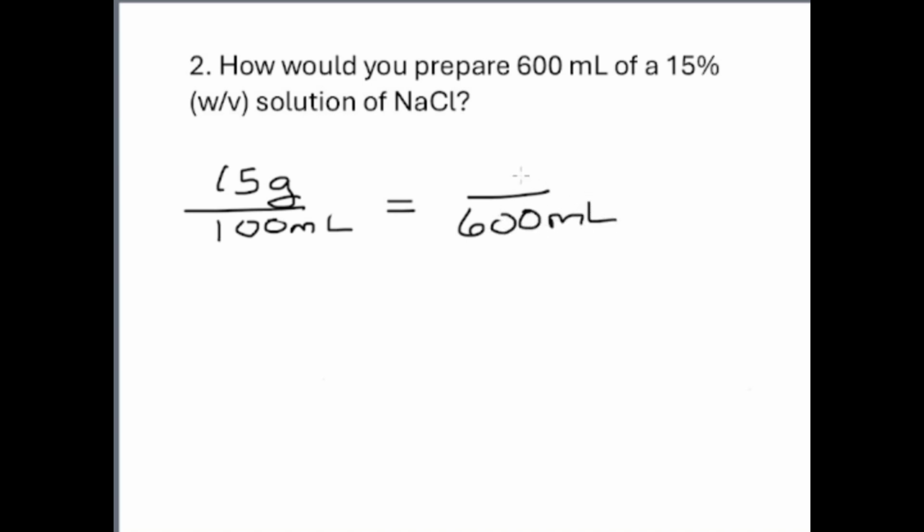So you can again set it up like this, solve for question mark, and the answer would be 90 grams. And so you would weigh out 90 grams of the sodium chloride, and then you would bring it to your volume of 600 mils. Okay, that's the second one.